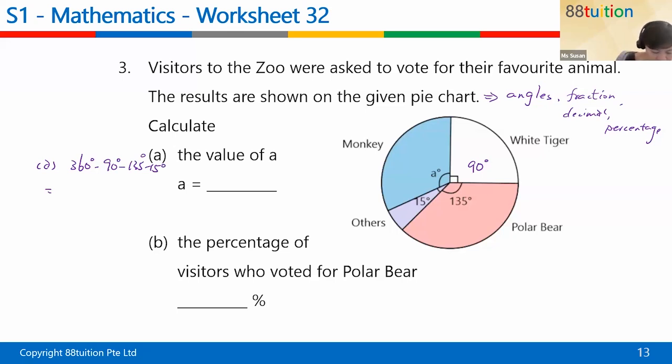Let me double check. Okay, 90, 135, then you have this, yeah, 120 degrees in terms of angle. And the percentage of the visitors who voted for polar bear, here, 135.